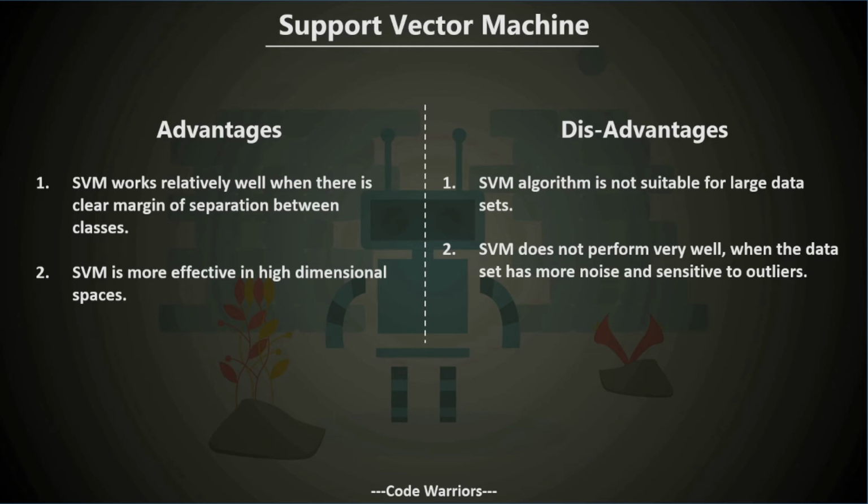Second, as the dimension increases, its effectiveness also increases, as I showed you before in an image where it splits the categories with a line, whereas in 3D it categorizes both classes using a plane, which is more suitable.